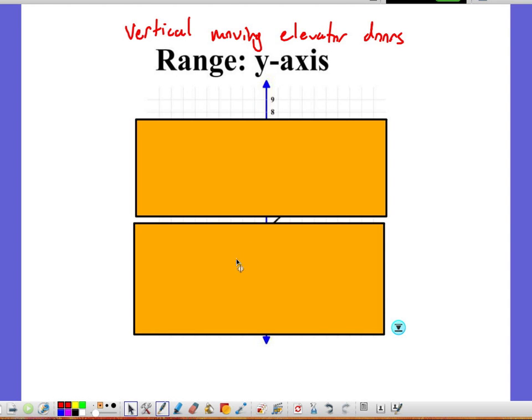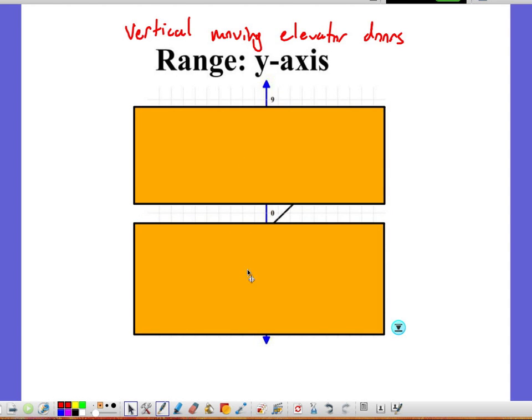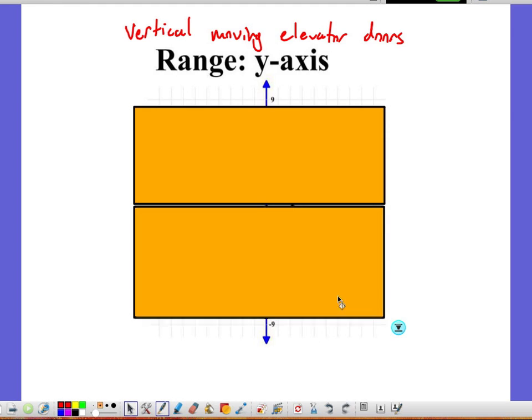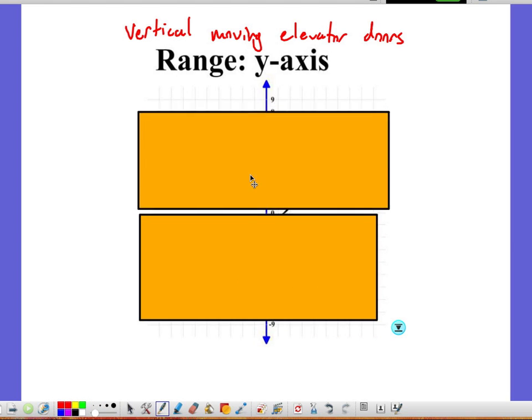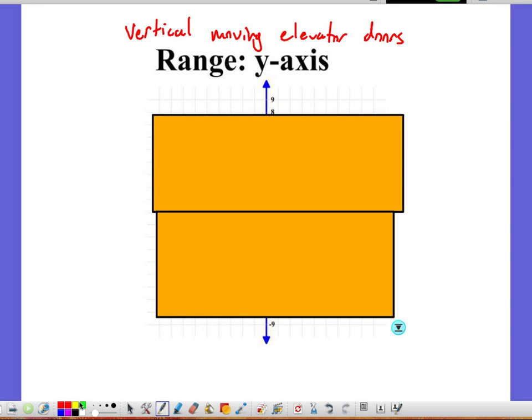And again, these elevator doors are special because they only open up enough just so that the graph can squeeze through. So we want to start with our inequality form again.